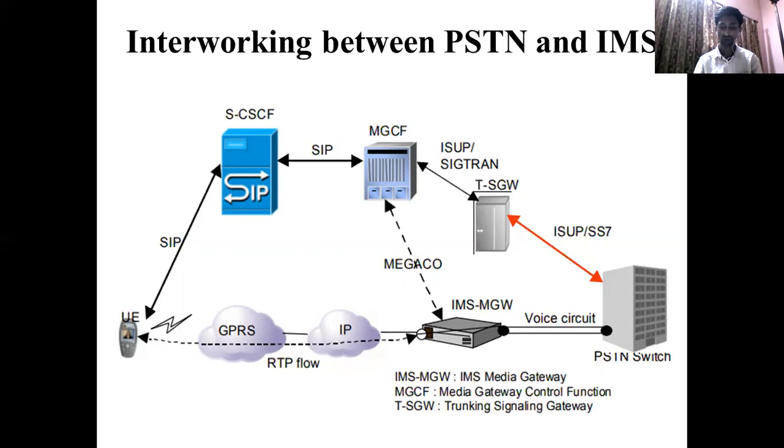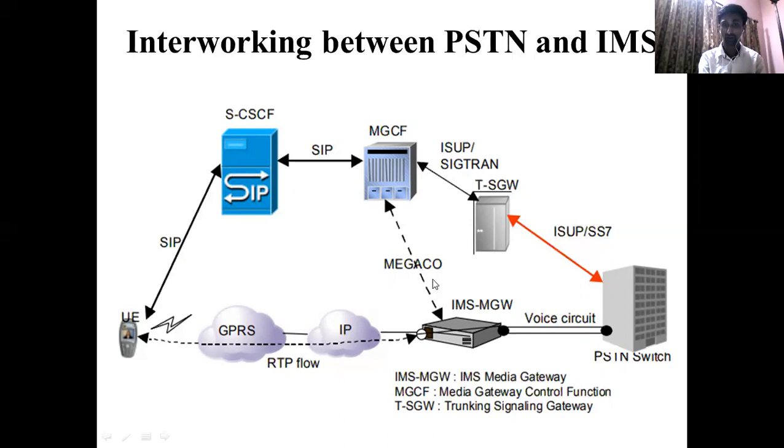Now, I'm telling you the operation. First you must remember that the PSTN switch reserves a voice circuit among those it shares with the IMS MGW, and sends an ISUP IAM message over the SS7 protocol architecture to a TSGW.